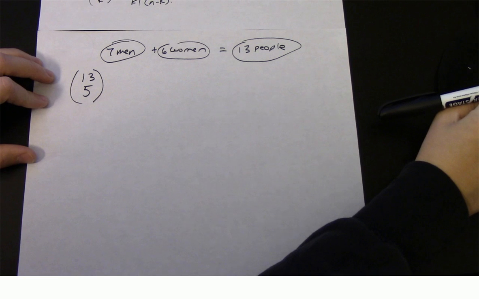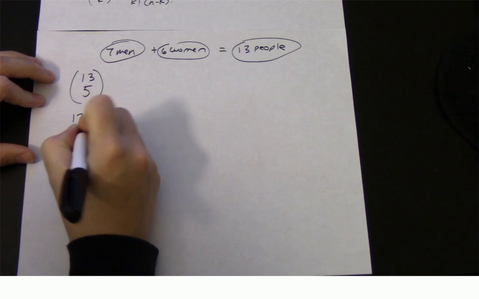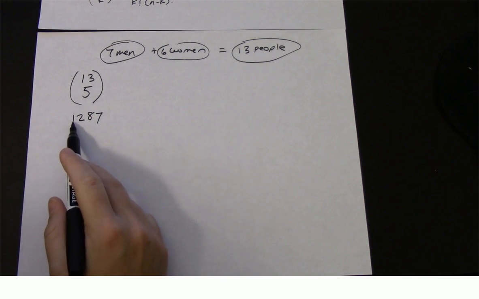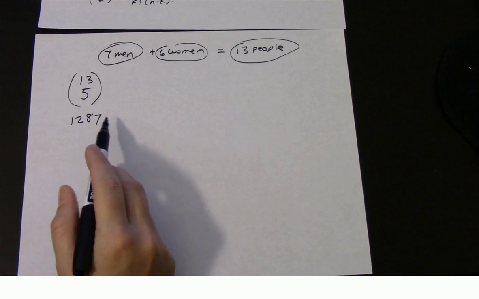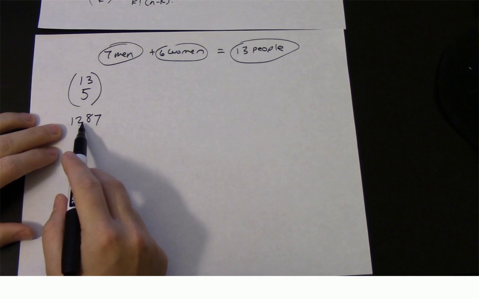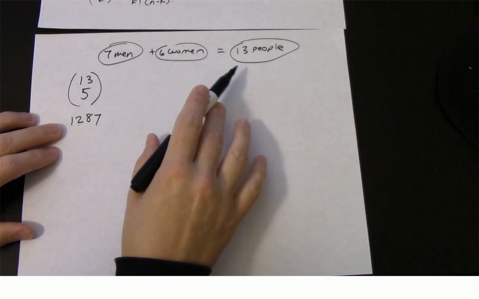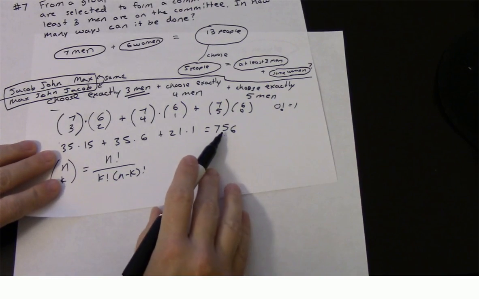Could we use that to get to our answer? So 13 choose 5 is 1,287. So there are 1,287 total different committees that are possible.